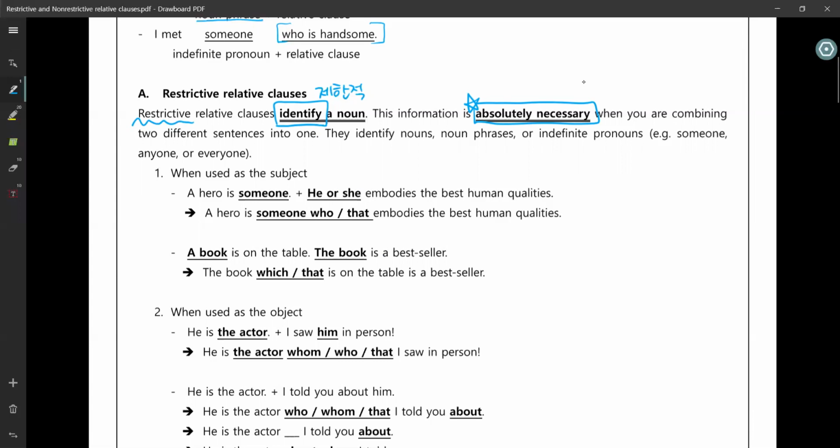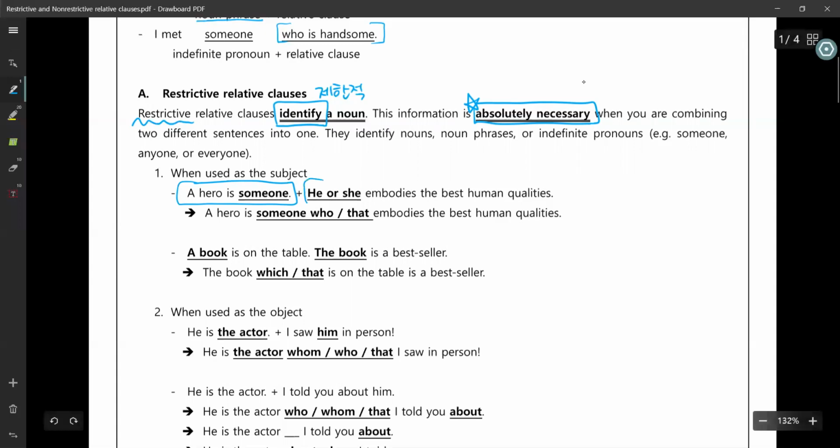For example, a hero is someone. He or she embodies the best human qualities. Let's say you just had the sentence, a hero is someone. Does this make any sense to you? No, we need more information. Without it, this sentence is just useless.